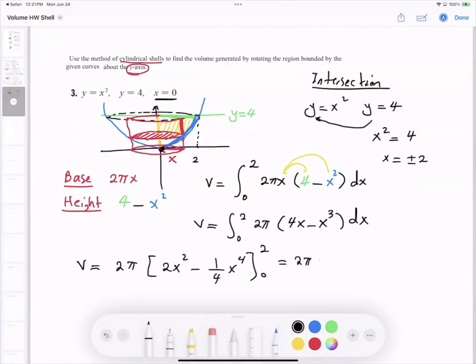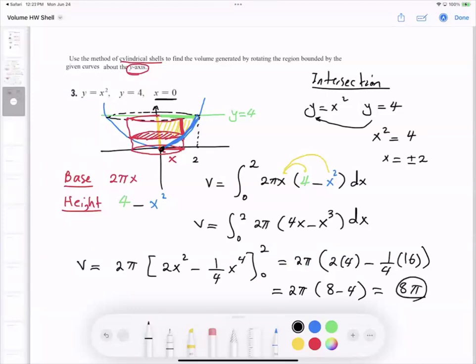You have 2 pi times 2 times 4 minus a fourth of 2 to the fourth, or 16. So you have 2 pi times 8 minus 4, or 8 pi. So this is the volume of this object that we are trying to calculate.